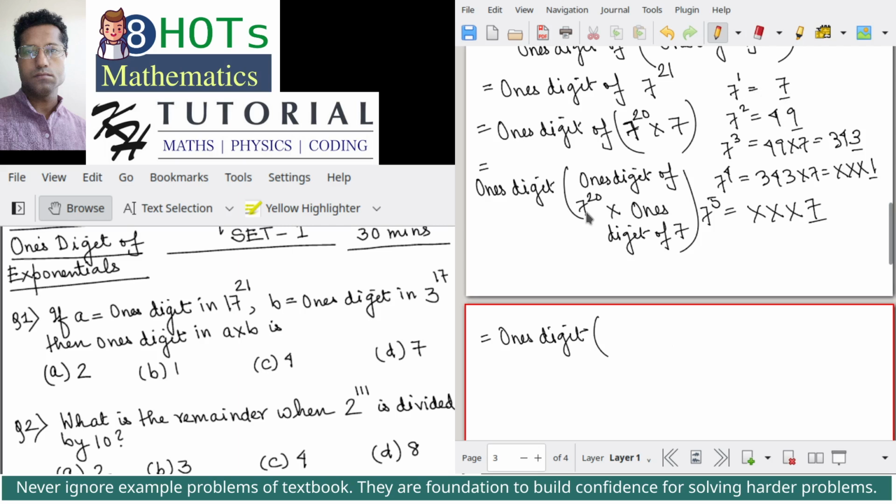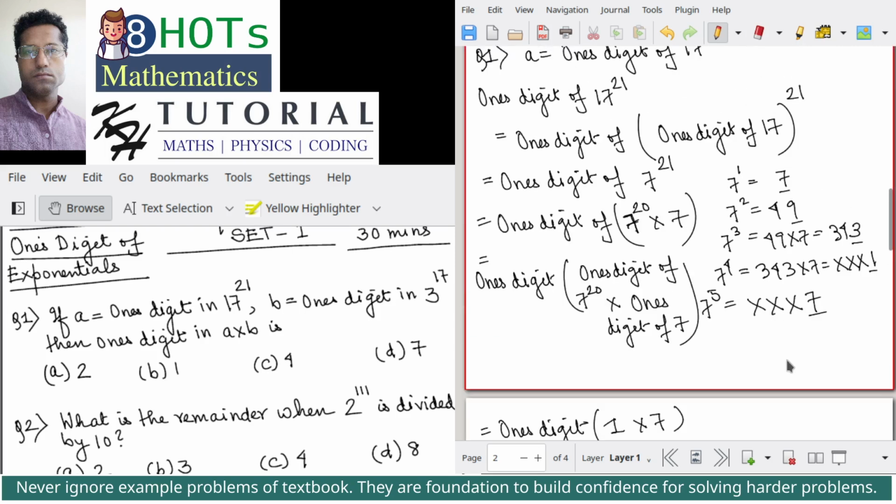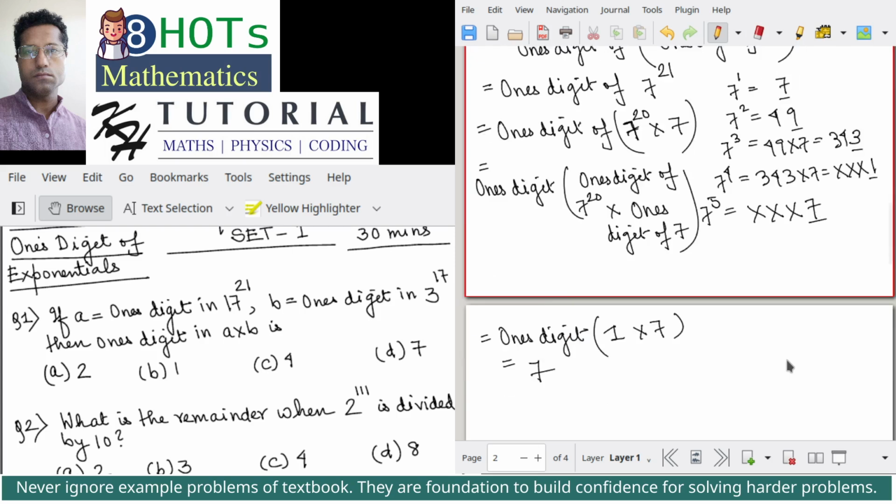So definitely, since the power 20 is a multiple of 4, the ones digit of 7 to the power 20 will be 1, and the ones digit of 7 is 7. So 1 into 7 is 7. So basically, the ones digit of 7 to the power 21 is 7.